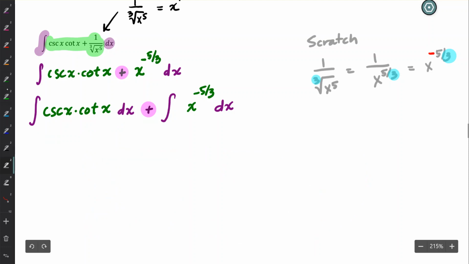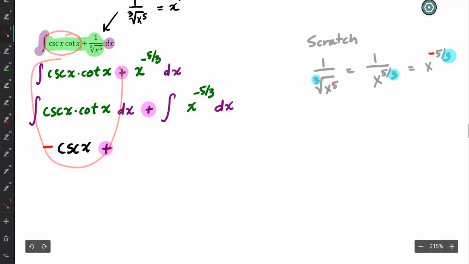So this is negative cosecant. And then, again, we're compartmentalizing our thinking because of that addition. One thing plus another. I'm just undifferentiating one of those on its own. We've done that. And now I'm getting ready to integrate the other term.